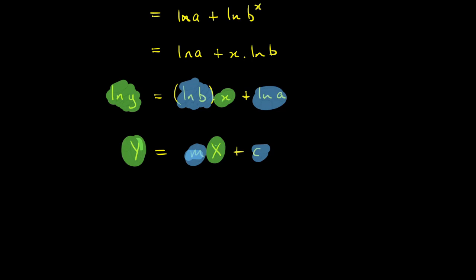And that's really the key thing: recognizing that if we were to plot ln y against x, we'd get a straight line where the gradient is ln b and the y-intercept is ln a.